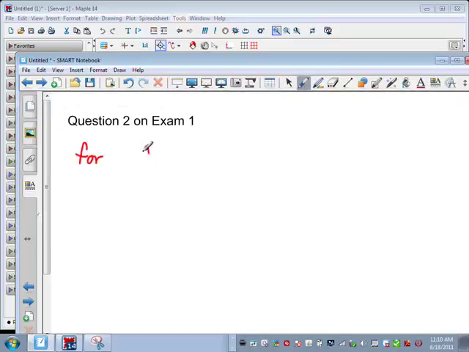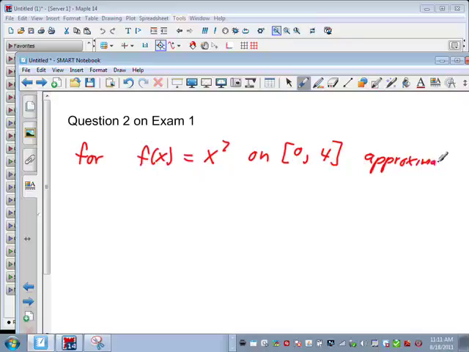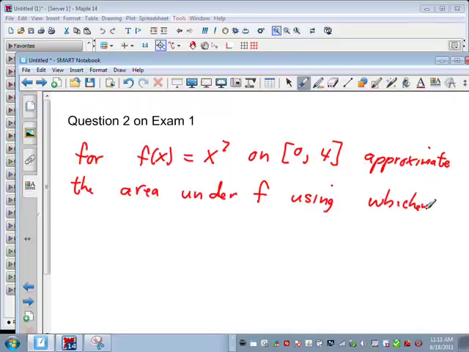For f of x equal to, who cares, x to the 7 on the interval of 0 to, let's say, 4, approximate the area under f using whichever method you like. Any method that you like.